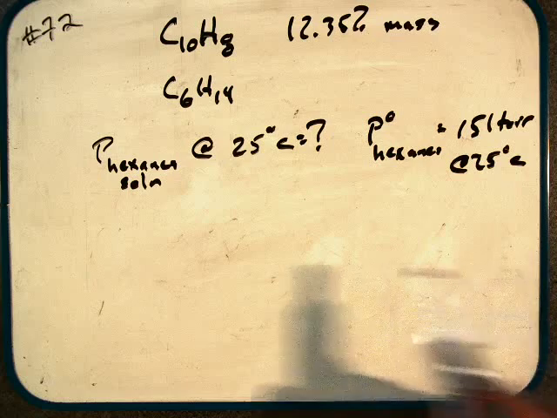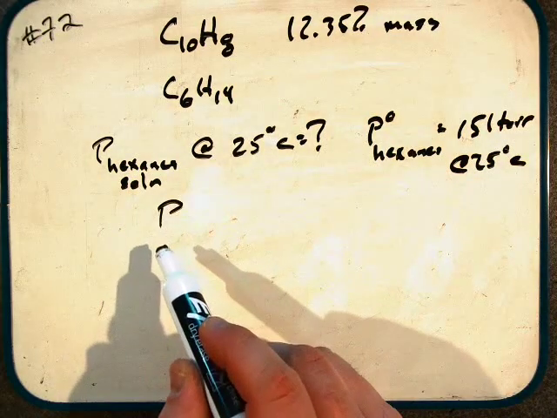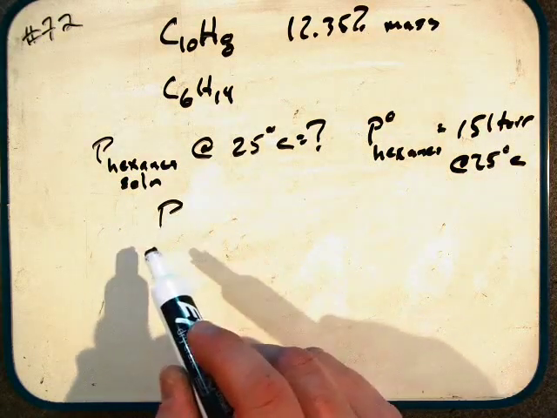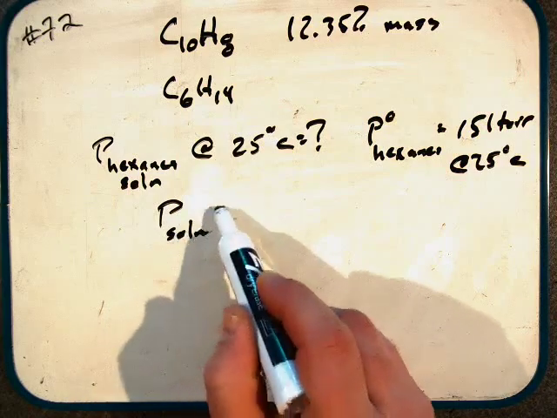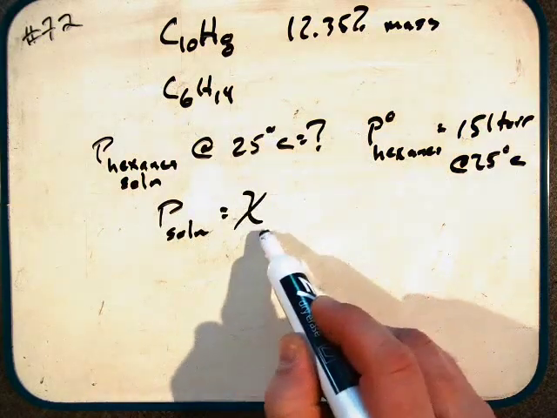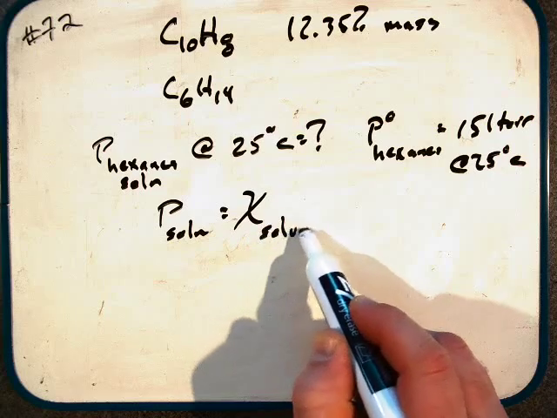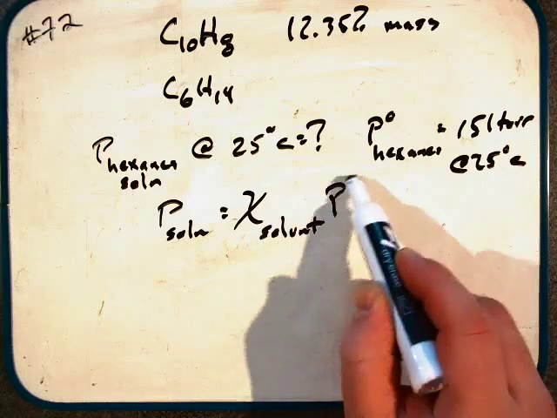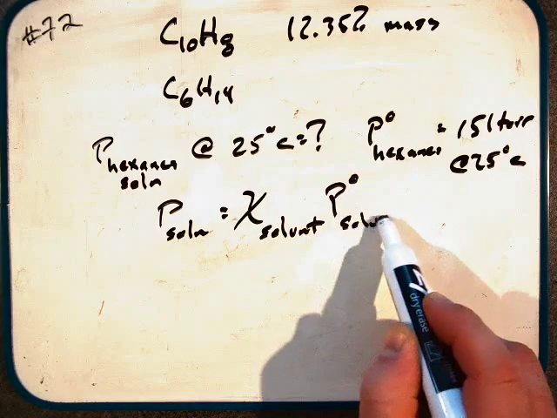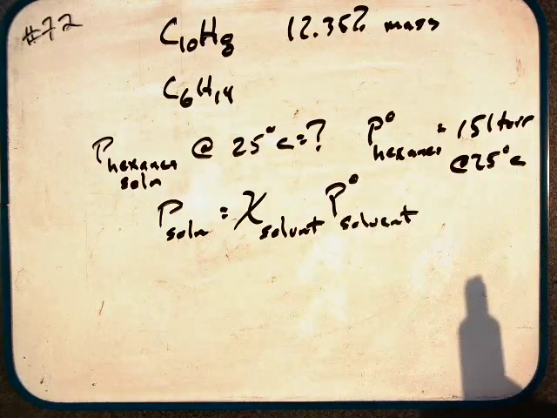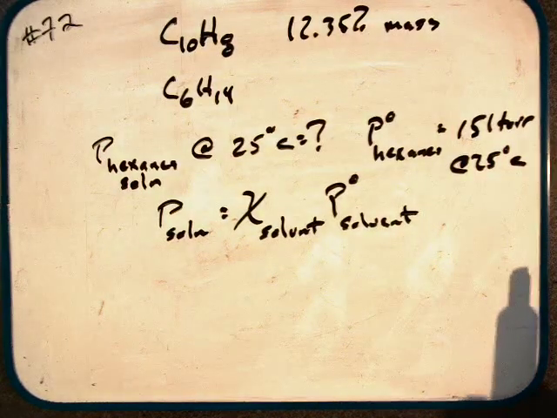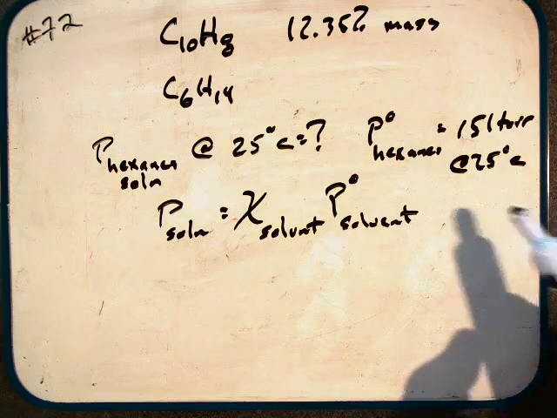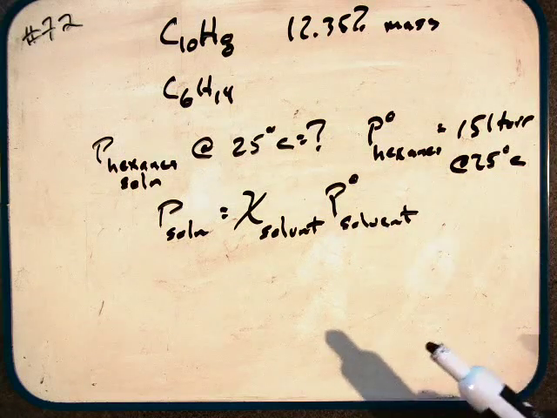And so in order to determine the pressure of a solution, we want to set that equal to the mole fraction of the solvent times the pressure of that solvent when it's pure, so the pure vapor pressure of that solvent. We already have that, 151.